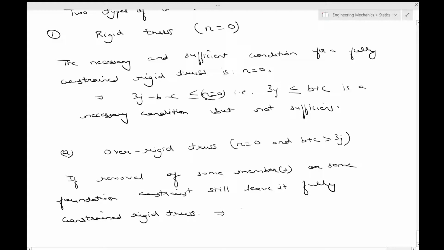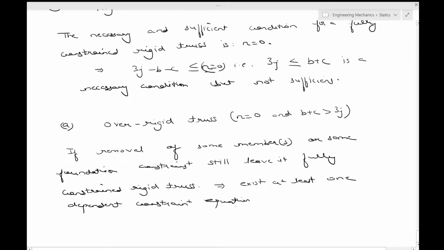This implies that there exists at least one dependent constraint equation. This implies 0 is equal to n greater than 3j minus b minus c, or b plus c greater than 3j. This implies statically indeterminate.